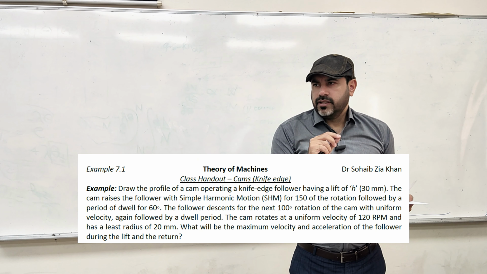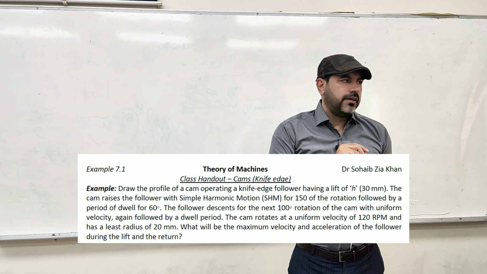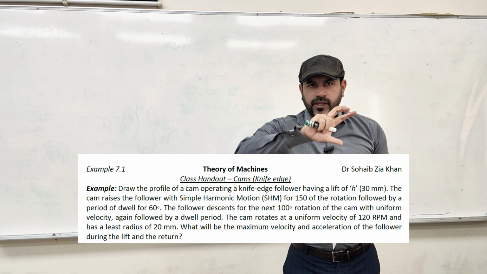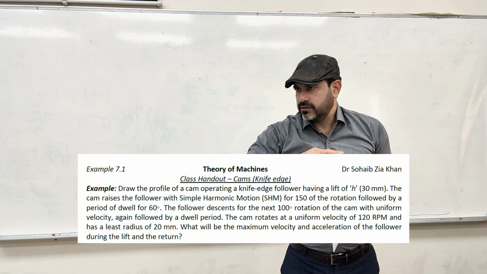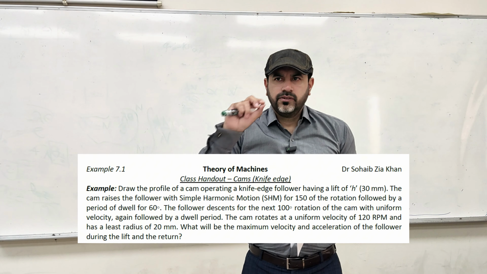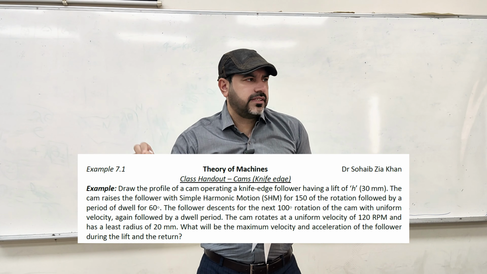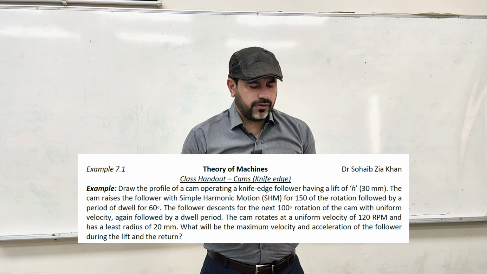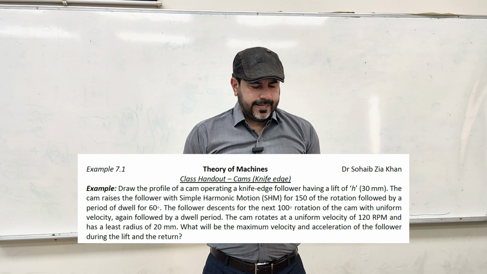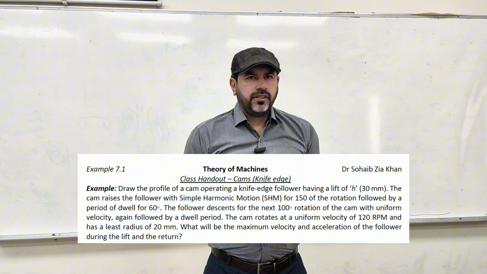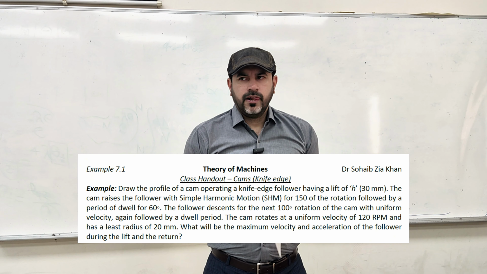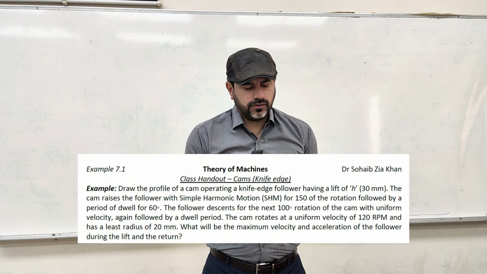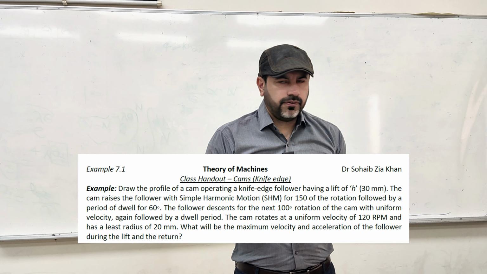For that we need to take the references separately. Simple harmonic motion is like this: if you have a circle and you draw a point on it, and you roll the circle on a flat straight line, whatever the point traces is simple harmonic motion. So we take the references of the circle; I'll draw it shortly. In uniform velocity, it's a constant velocity, the same value throughout.